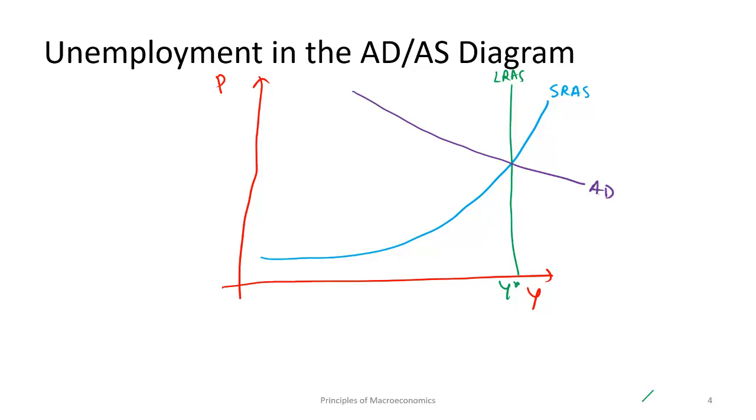Again, we are starting off with a long run equilibrium, which is where three curves intersect together.